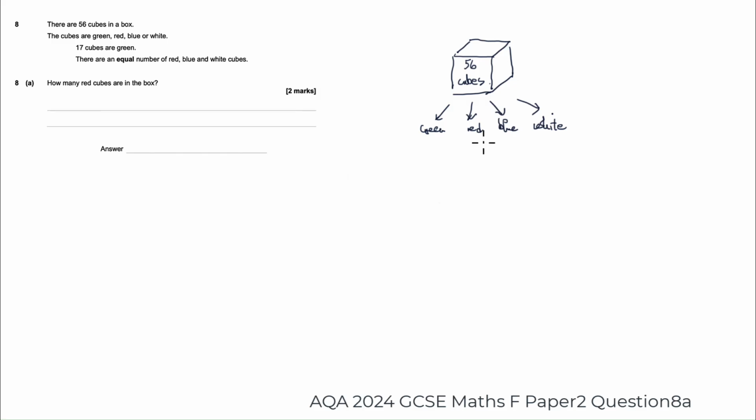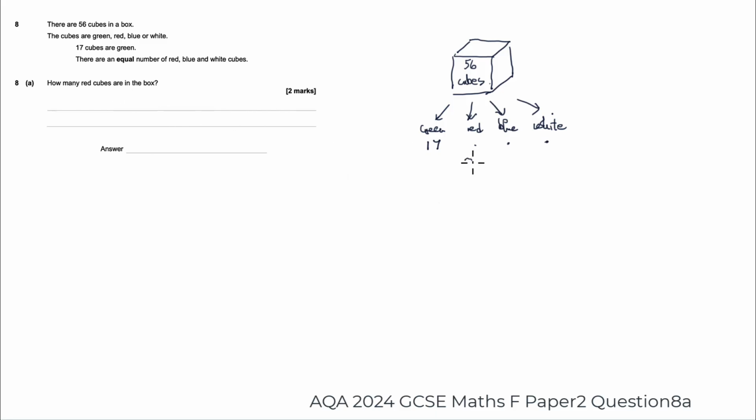17 cubes are green. And there's an equal number of red, blue, and white cubes. So these numbers are identical. And it asks us in part A how many red cubes are in the box.